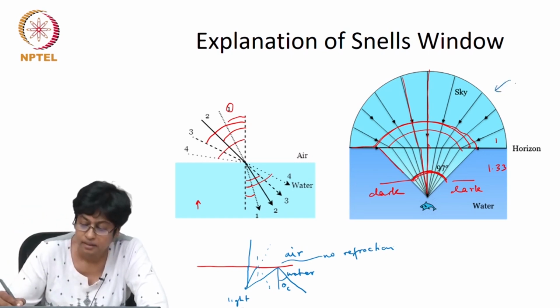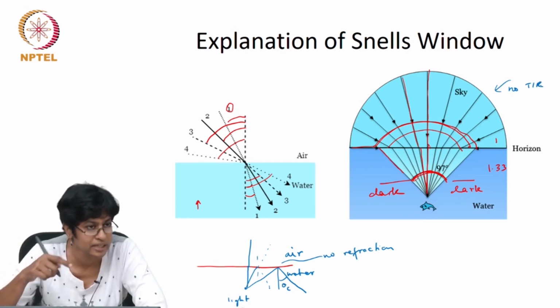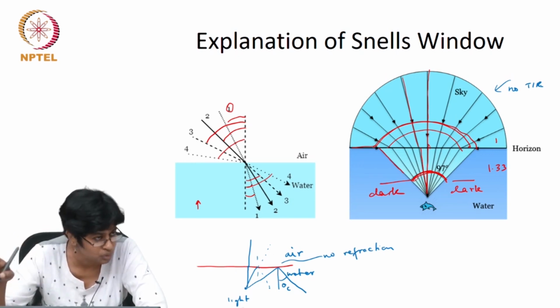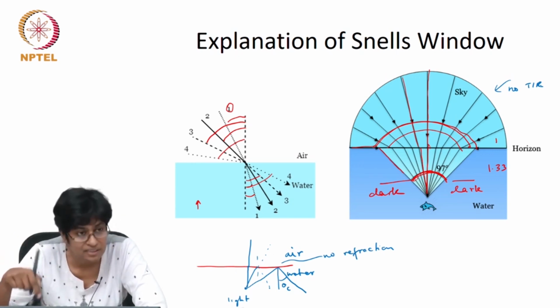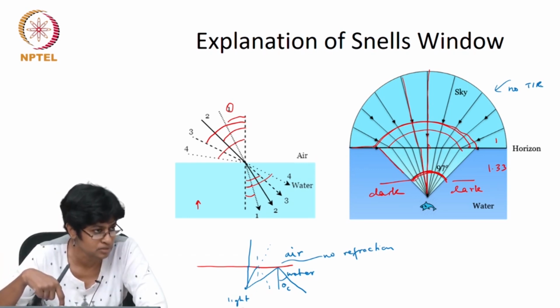The rays here, there's no total internal reflection here, because that's the rarer medium. Total internal reflection happens only if the light is within the denser medium. This is a rarer medium, so there's no total internal reflection. Everything transmits, everything refracts through that interface, the air-water interface.